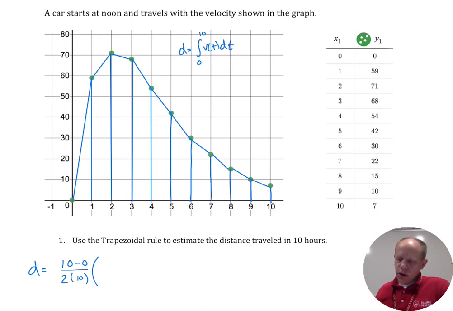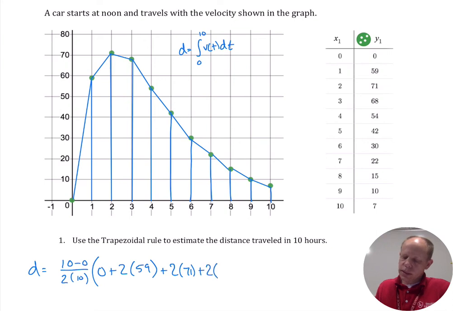And then we want one of the very first y values, so the first y value here is just at 0. So we want one of those. Notice we don't have a function, so we can't actually plug anything in. But when you're looking at f at 1, f at 2, f at 3, they're really given by the function values right over here. So that's kind of nice. So we want 2 of the 59. We want 2 of the 71.